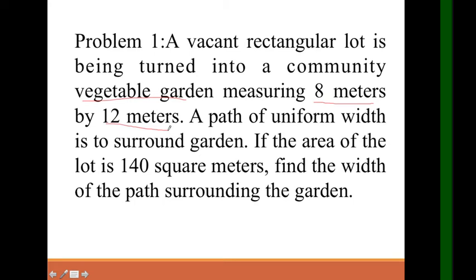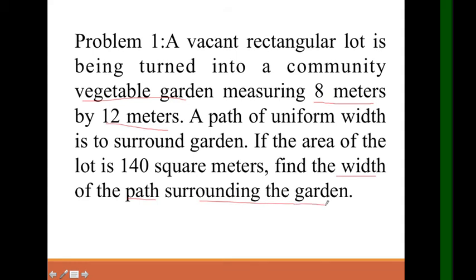So, gumawa sila ng daan doon sa garden na nakapaikot doon sa rectangular lot. Okay? And, together with the vegetable garden and the path, ang measurement ng buong iyon, yung path at yung vegetable garden, pag pinagsama sila, ay 140 square meters. Ngayon, ang hahanapin natin ay yung width ng path na nakapaikot sa garden.